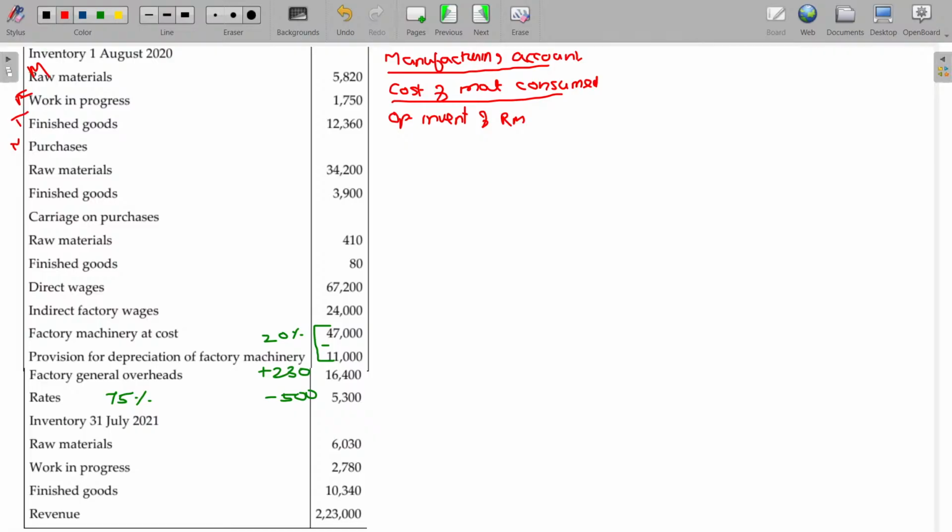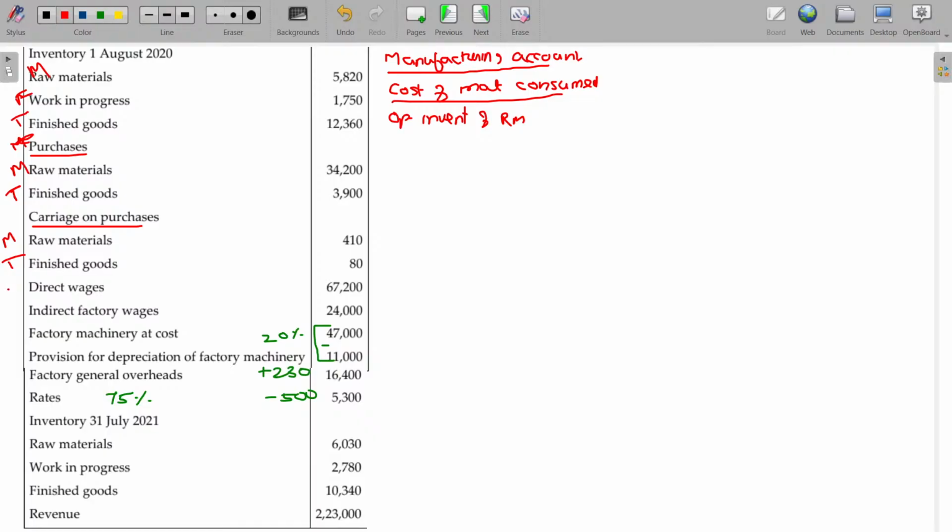Purchases of raw materials will be manufacturing. Finished goods will be the trading section. Carriage on purchases of raw material will be includable with the raw material cost. Finished goods will be includable with the finished goods cost in trading section.